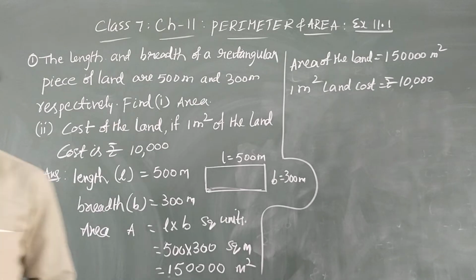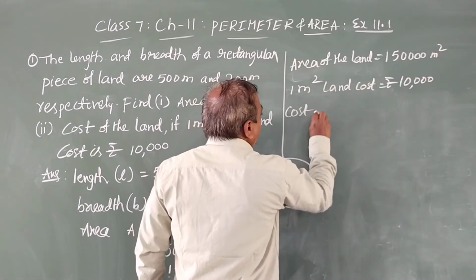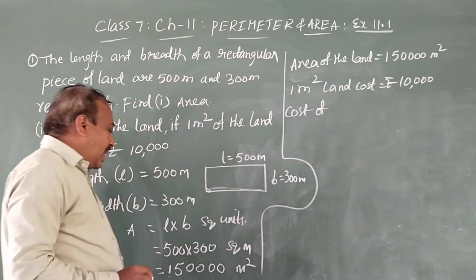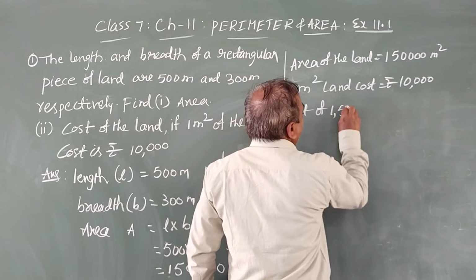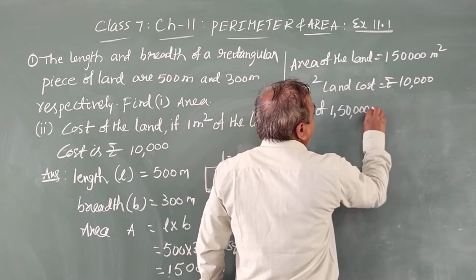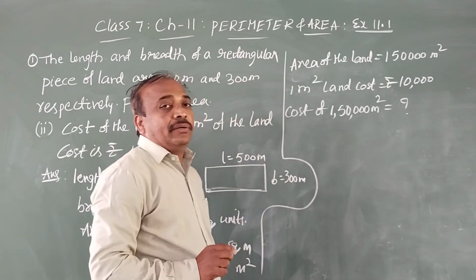Then we need to find out the cost of the total area, which is mentioned in question 1 that we need to find, right? 1,50,000 meter square.